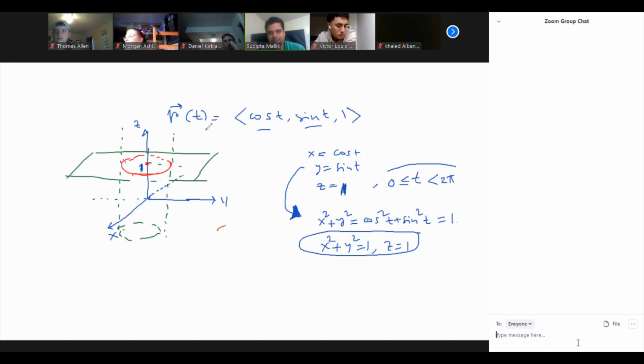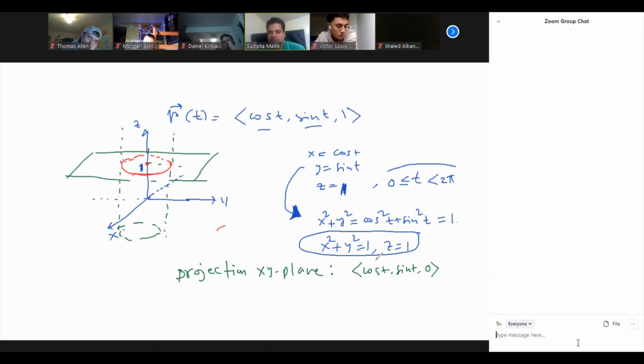Okay. Now, one way to look at them, it would be easier if you do the projection. So what would be the projection? If you do projection on the xy plane, that means you just make the z coordinate 0. So it would be just cosine t, sine t, 0.